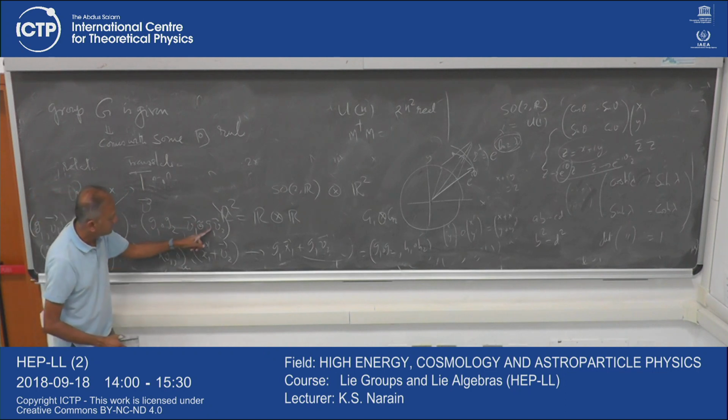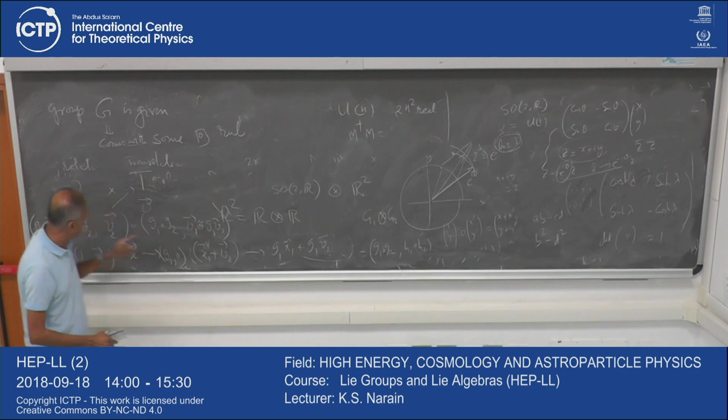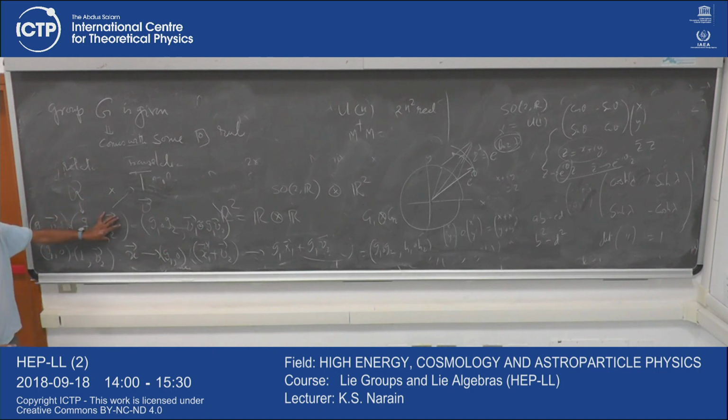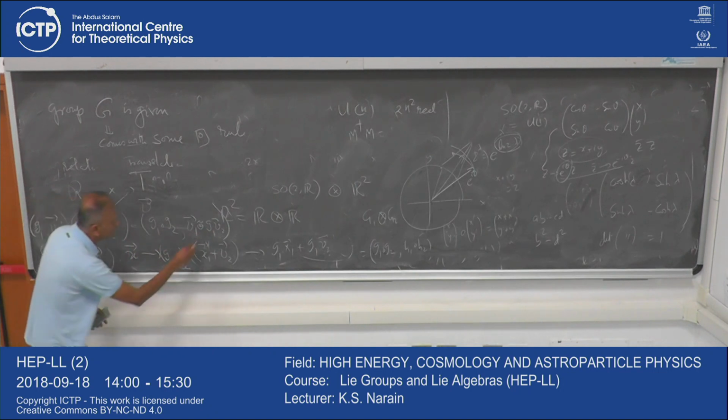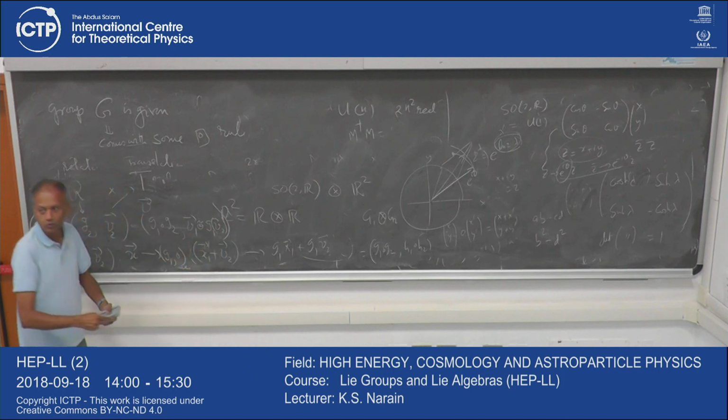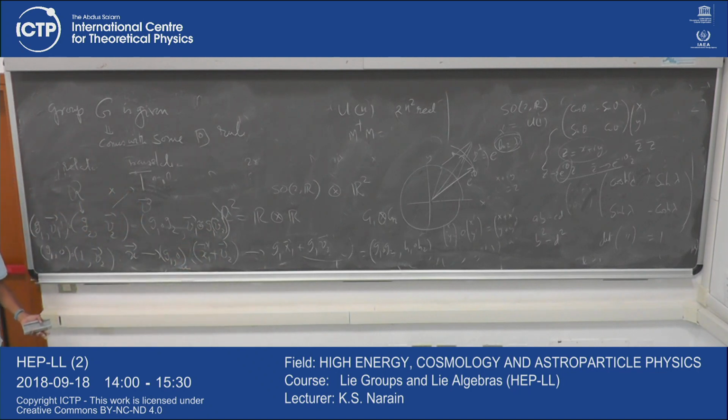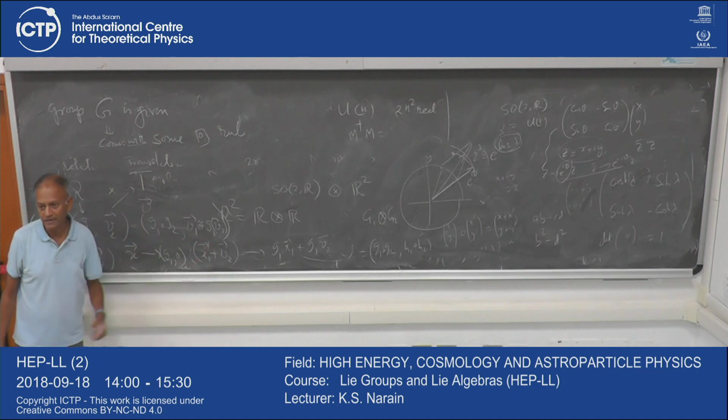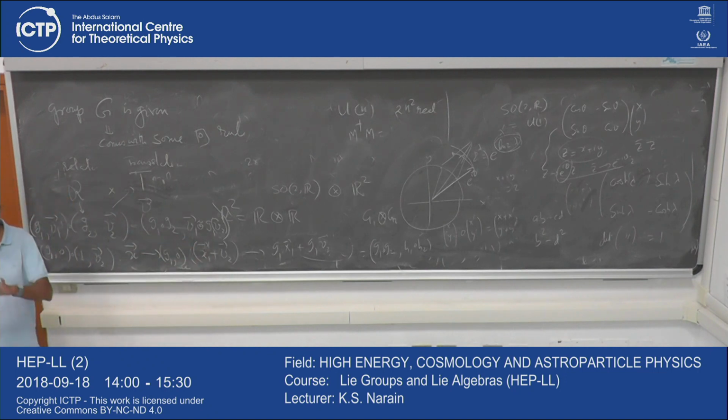But the important point is that G1 has acted as an automorphism on that. So more generally it will be G1 acting on V2, which will be some element of the second group, and then you take the composition. This is the semi-direct product. It's more complicated than the direct product, but unfortunately it appears all over the place in physics, particularly the Poincaré group.